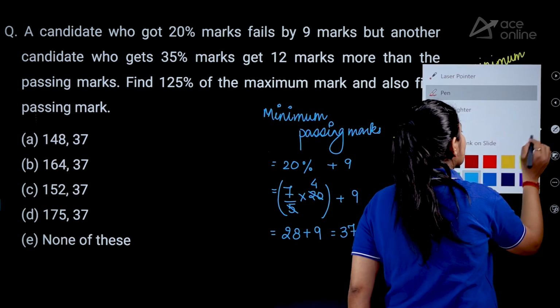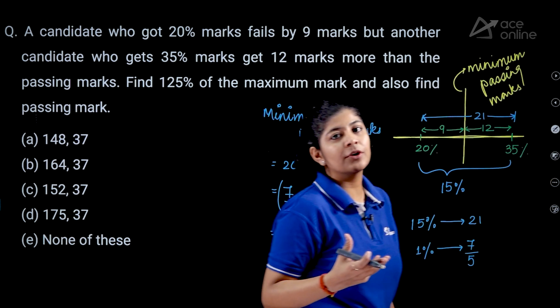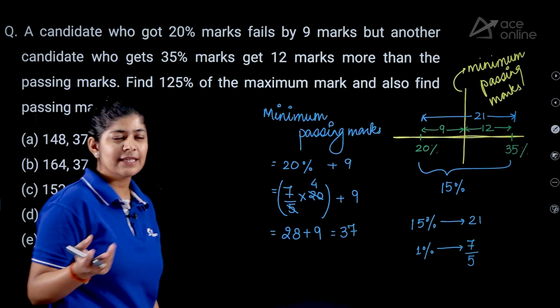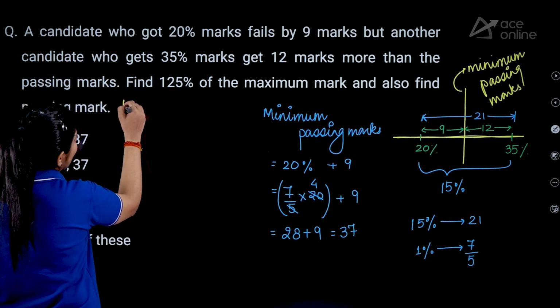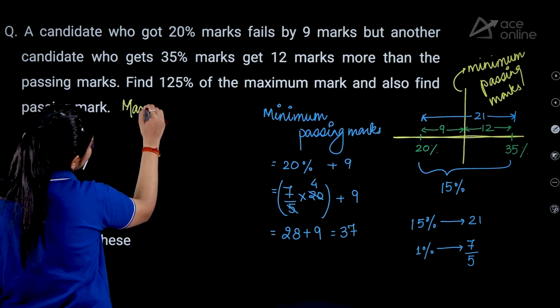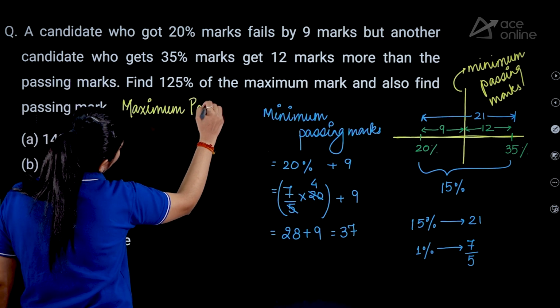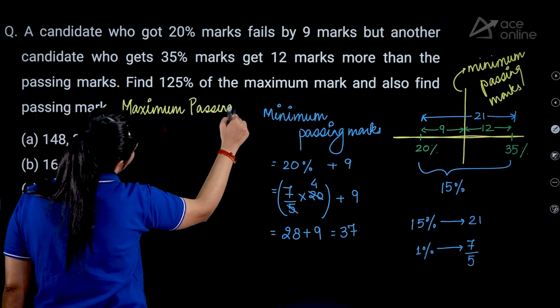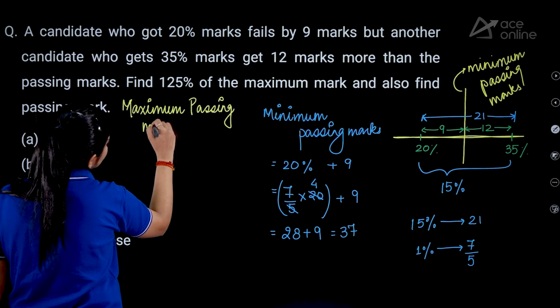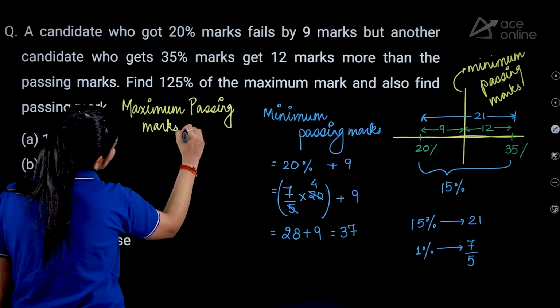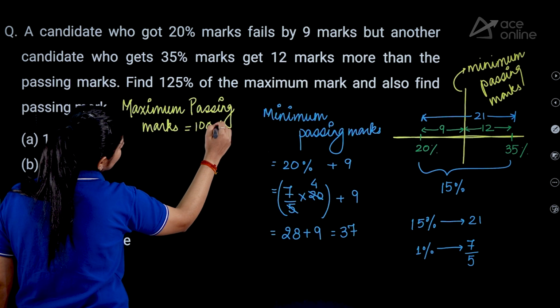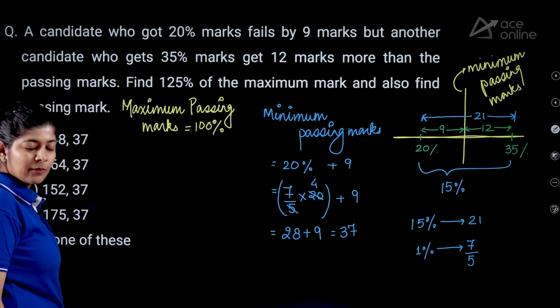If this is the minimum passing marks, can we determine the maximum marks? Yes, we can. The maximum marks is nothing but equal to 100%.